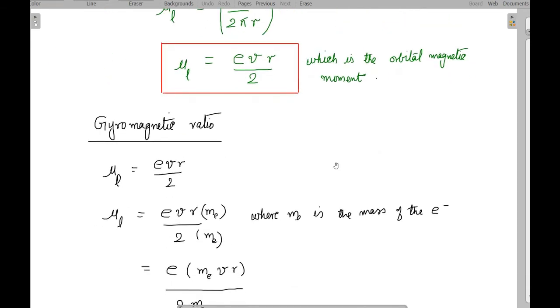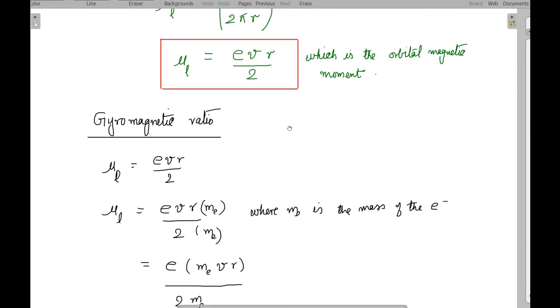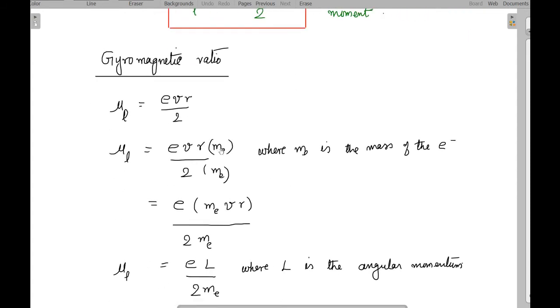Next, let us see what is meant by gyromagnetic ratio. Take the same equation, mu L equals evr divided by 2. We multiply and divide with me, where me is the mass of the electron. Value is not going to change.